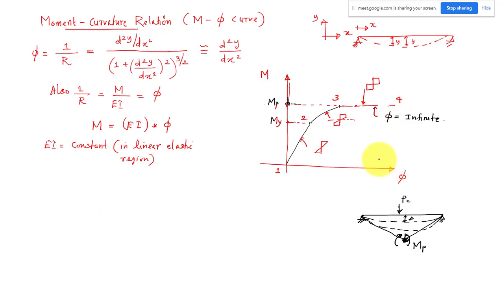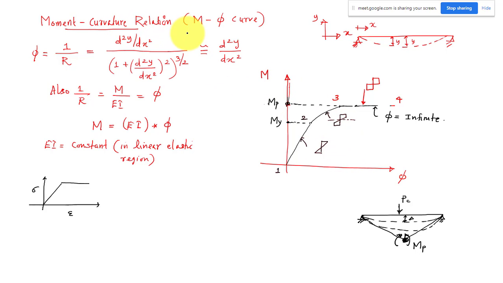So this is your moment curvature relation. It is like your stress strain diagram only. In the stress strain diagram, this is my stress and this is my strain. We have the stress strain diagram initially linear, then it is plastic. Similar to that, this curve is the moment curvature relation.